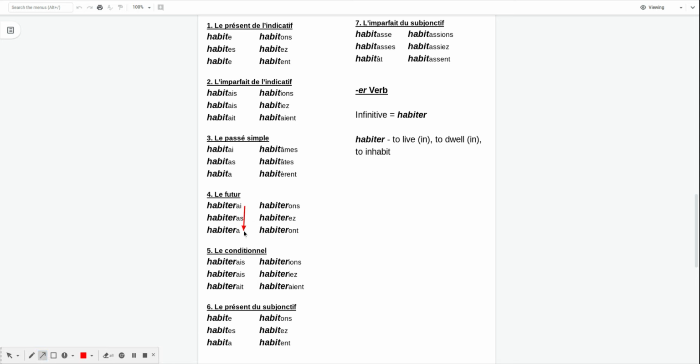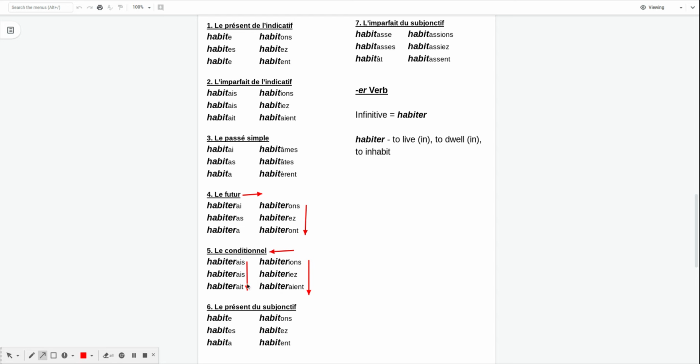very much similar to the endings that we find in the other tenses. The only difference is the future and the conditional use this infinitive before they put the endings on.